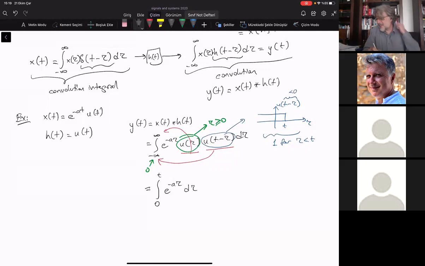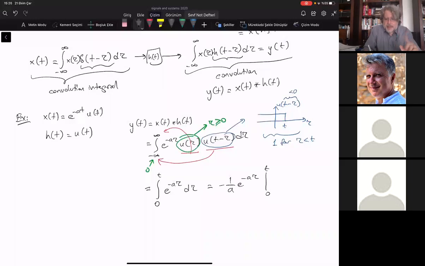It is minus, because of the e to the minus, 1 over a times e to the minus a tau. Let me write it. It's minus 1 over a e to the minus a tau, tau ranging from 0 to t. So this is the definite integral. It's not an indefinite integral, which will give me some numerical results.